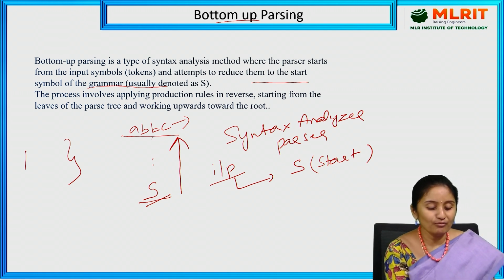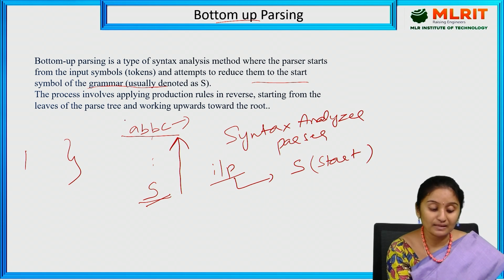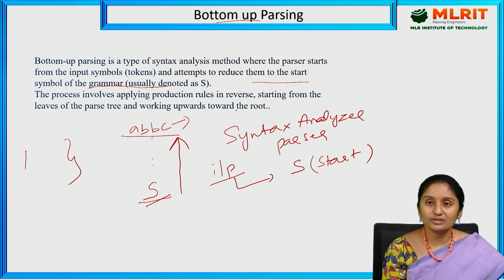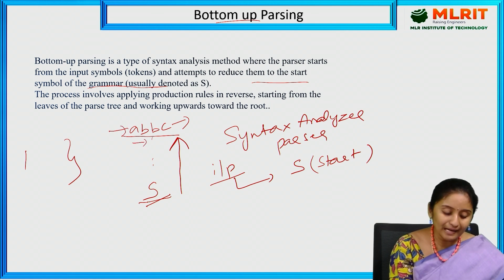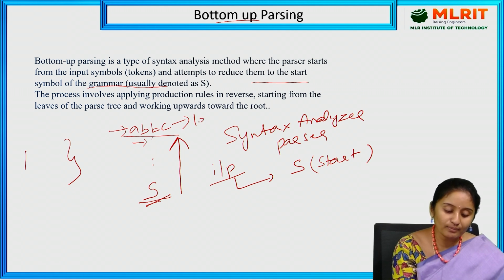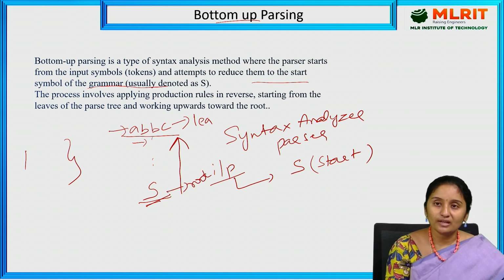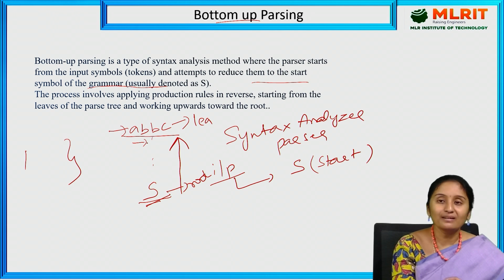The process involves applying production rules in reverse, starting from the leaves of the parse tree and working upwards towards the root node. We take the input string and derive it until we get the start symbol. We start from the leaf node and generate the root node, so it is in reverse order.